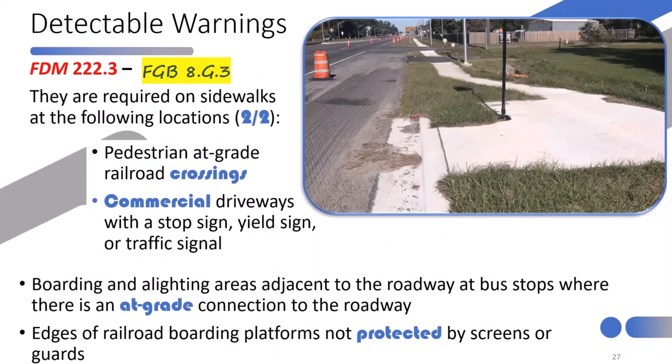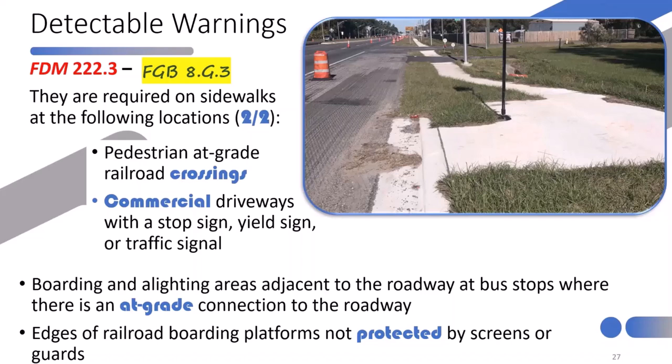If you have a pedestrian at-grade railroad crossing, then it needs to be protected by a warning surface. Commercial driveways with a stop sign, yield sign, or traffic signal, that's a common question that I receive. The word commercial is in bold there, and there's a reason for that. I'm going to address that on the next slide.